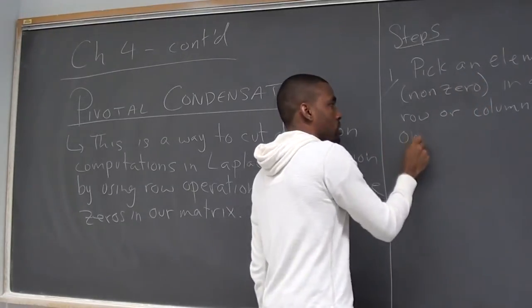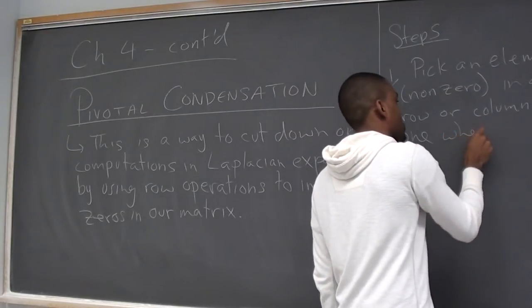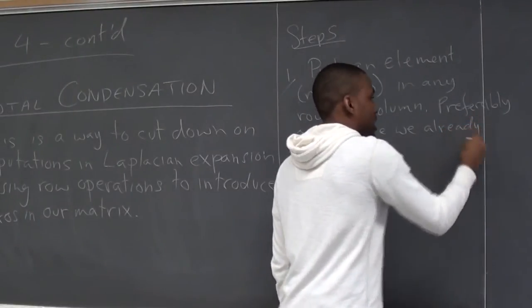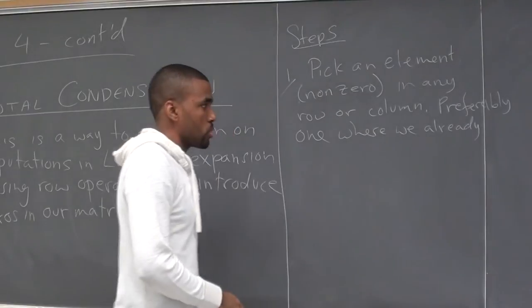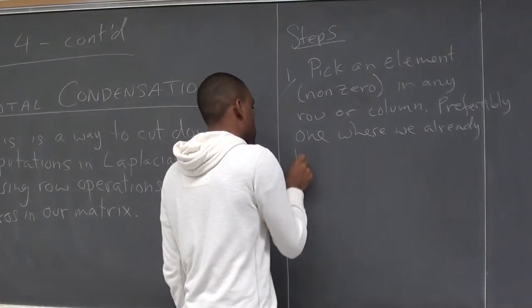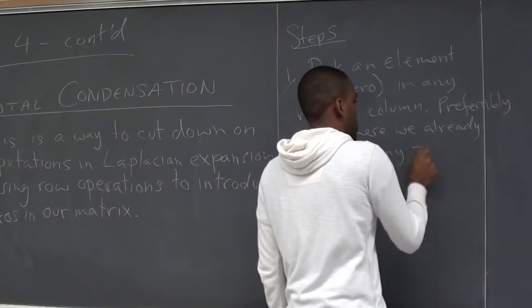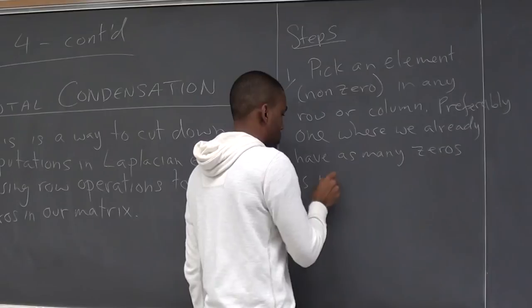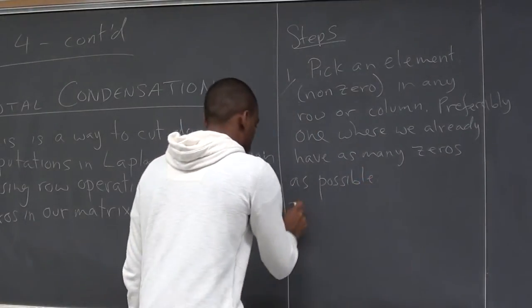Preferably one where there are already the most zeros possible. Right, but maybe you might not have enough, but you want more. So you pick any random number in any one of those rows where we already have as many zeros as possible. That's 1, 2.